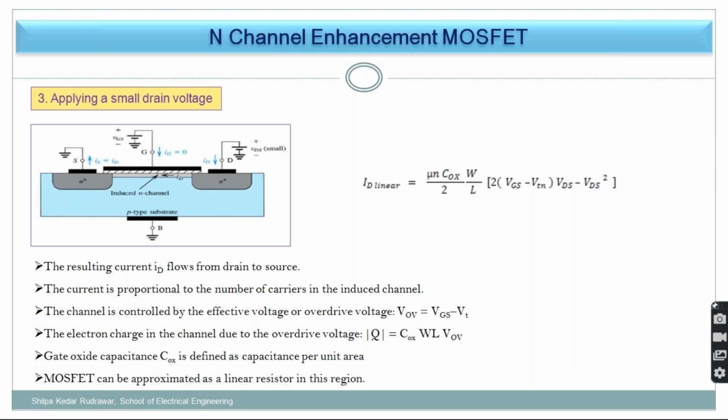That is, what is the drain current? Because in every region, as I am changing the voltage, the characteristic will change. So there are three different regions of working of MOSFET. Just remember, there are three different regions of working of MOSFET. One is the cutoff region, where your device is off, no current is flowing. Second is the linear region, in which we have applied VGS greater than VT and some small amount of VDS is applied.